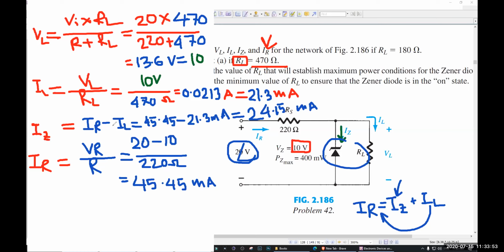We have found out all of those. Now, what is the maximum Zener current? Can you find out? That means IZM.